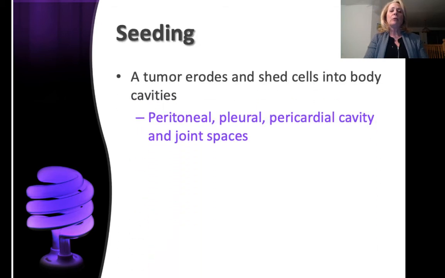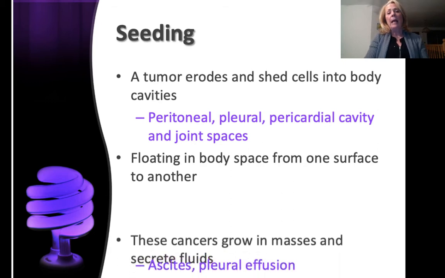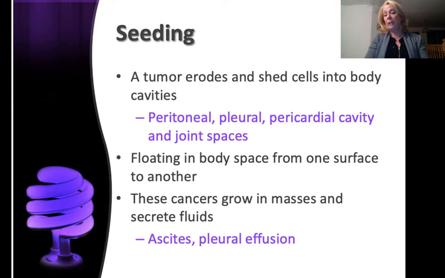Seeding is going to occur in body cavities. So what happens is you have little pieces of the cells of the tumor that shed off, and then they are able to float, and then what happens is they land on a surface of the body, and then they start to take root, and once they do, they can secrete a lot of fluid.